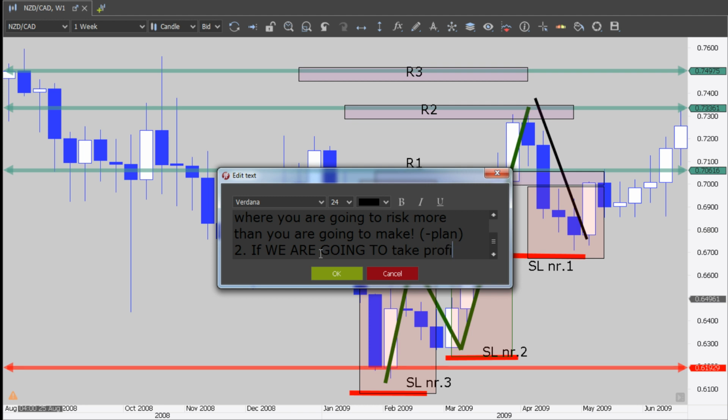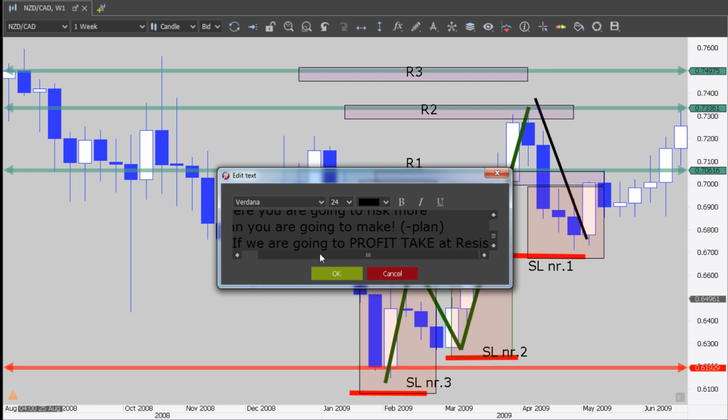If we are going to profit take at resistance, that is going to, what's the word in English?